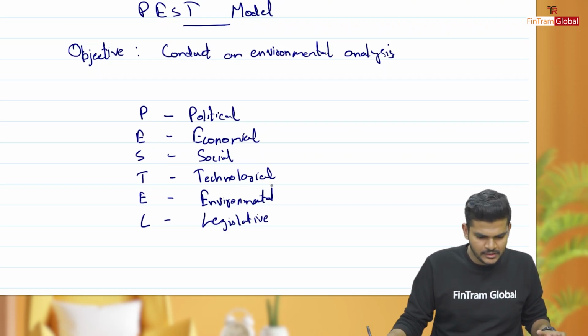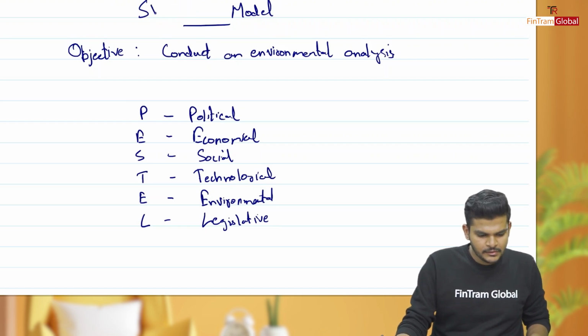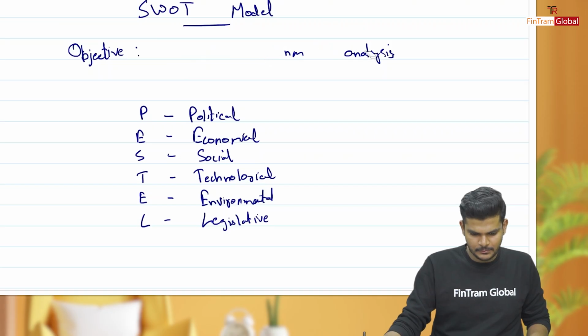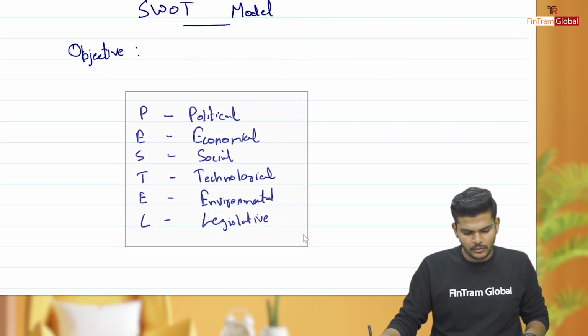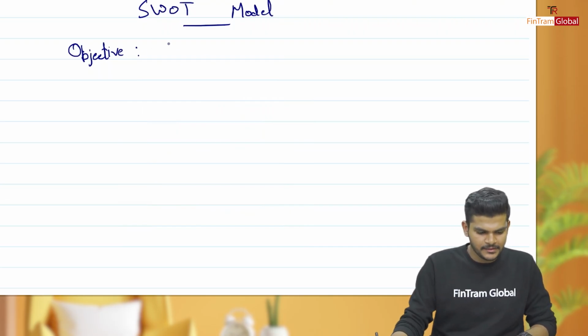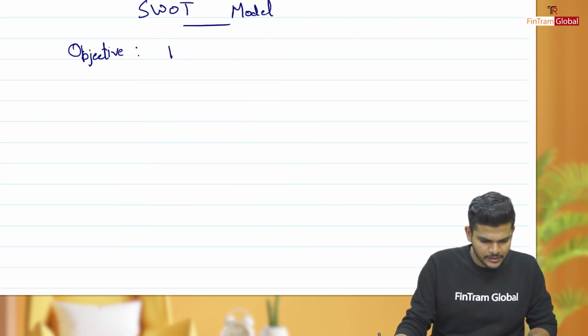Now, what else? What other model have we learned? There's also the SWOT model as well, right? I'll just erase all this. One second. So what is the SWOT model all about? Here we look at 4 factors. What are the 4 factors? Again, this is also for environmental analysis.